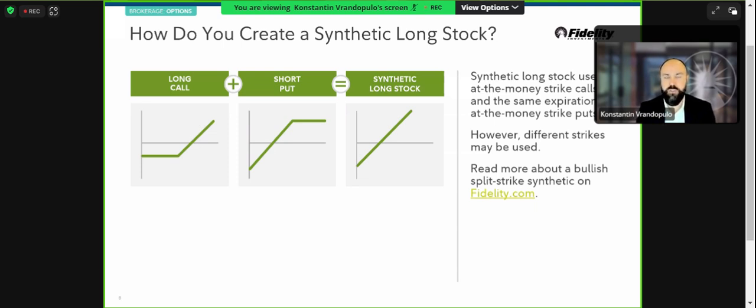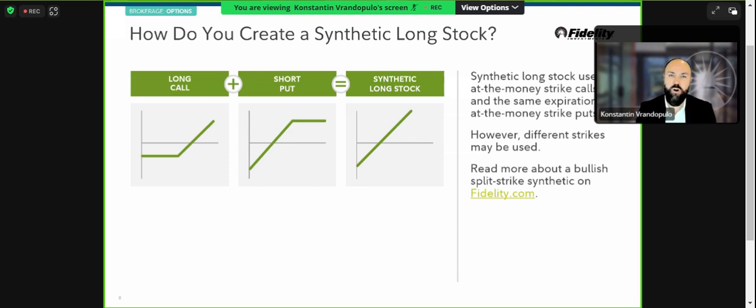So what could I do in the options world in order to offset my initial commitment in terms of a debit, so I'm not gaining additional cost basis, cost, if you will, right?